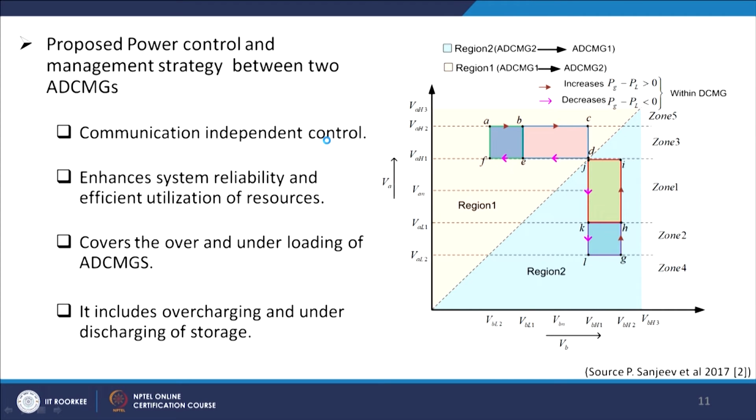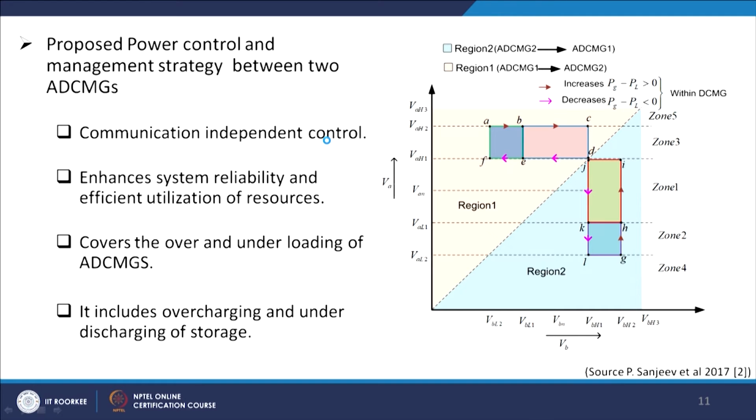Now, this is the proposed power control management strategy between autonomous DC microgrids. We proposed a communication-independent control. It enhances the system reliability and efficient utilization of resources, and covers the over and underloading of autonomous DC microgrids.